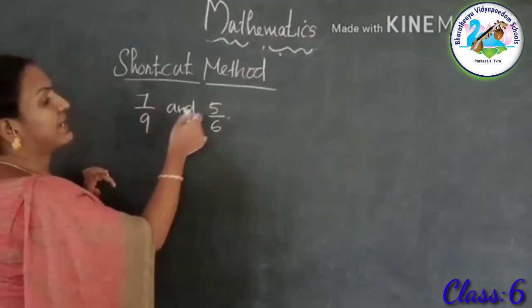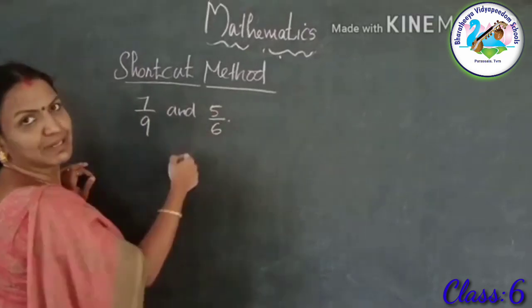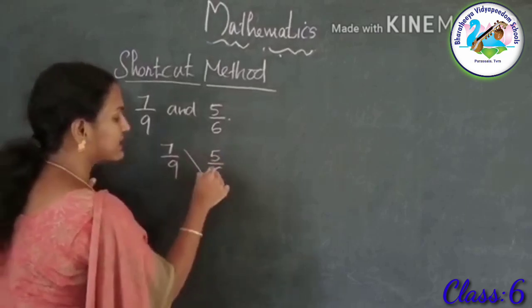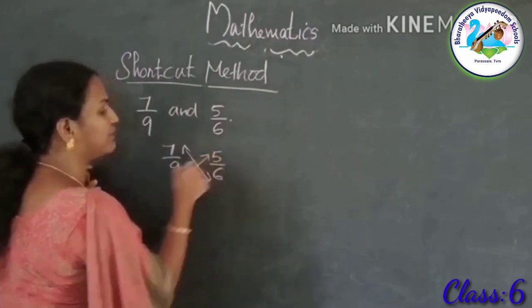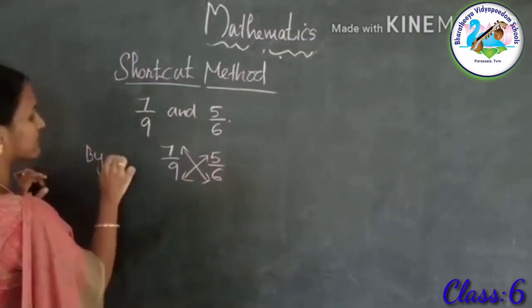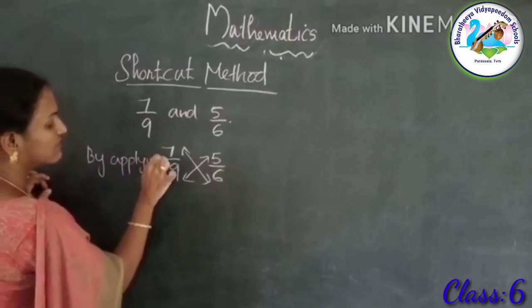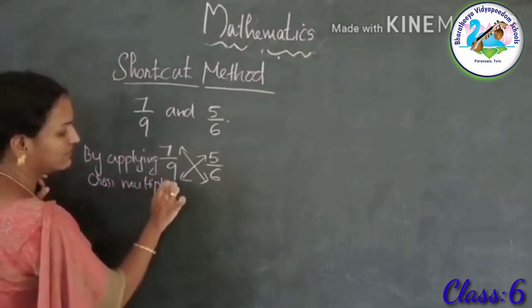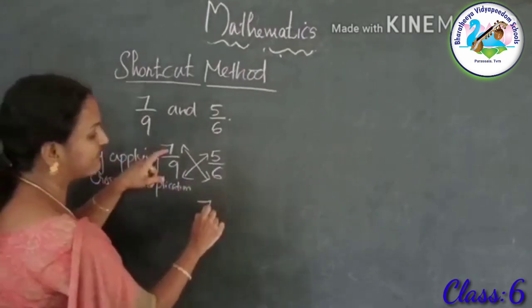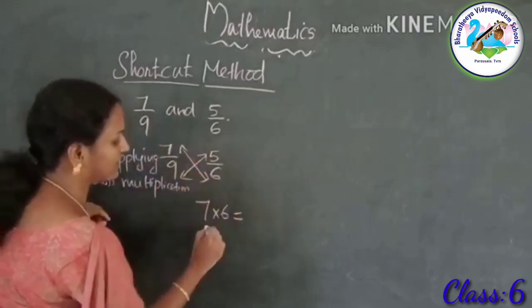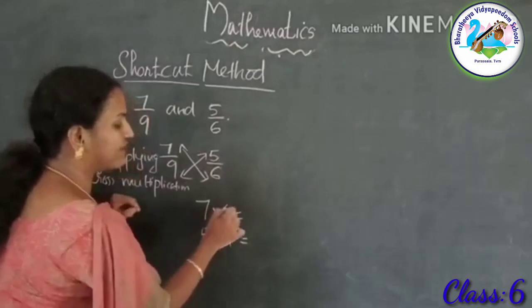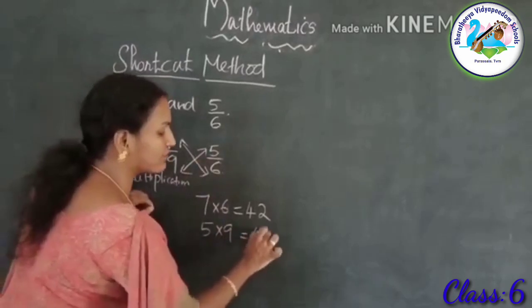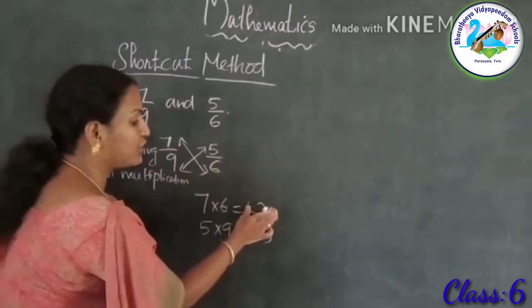Shortcut method: 7 by 9 and 5 by 6, by applying cross multiplication. 7 into 6 and 9 into 5. 7 into 6 is 42. 5 into 9 is 45.